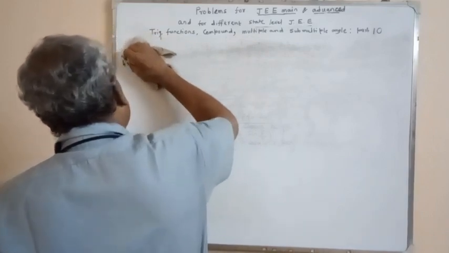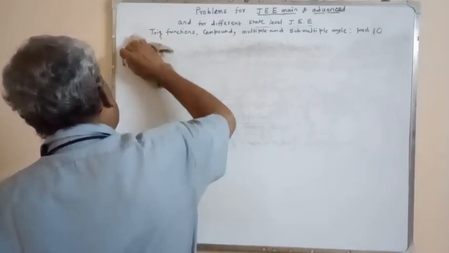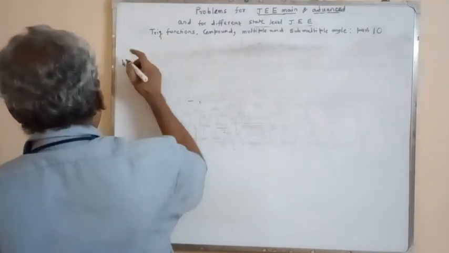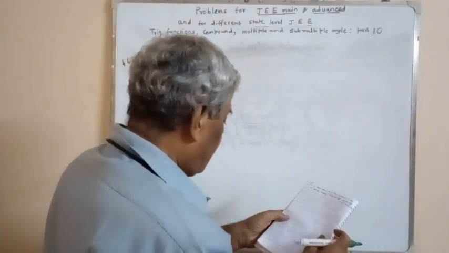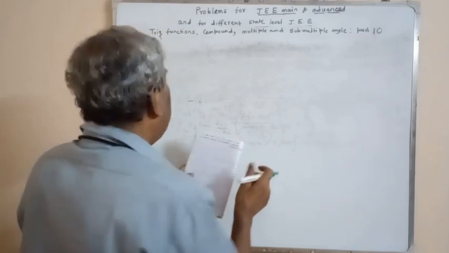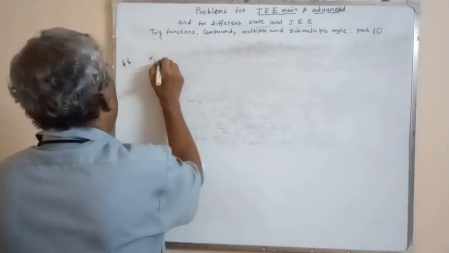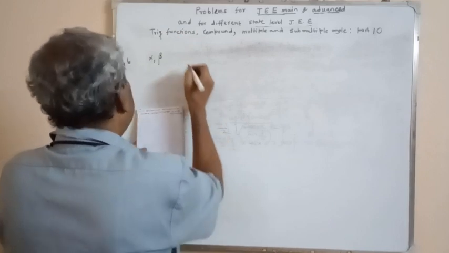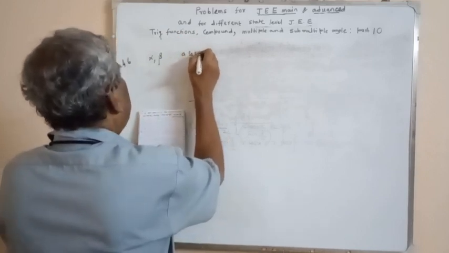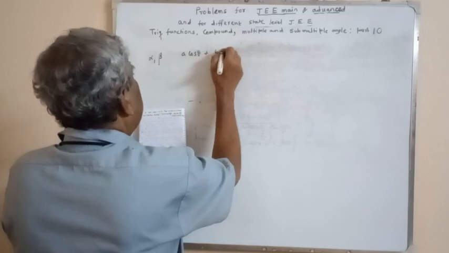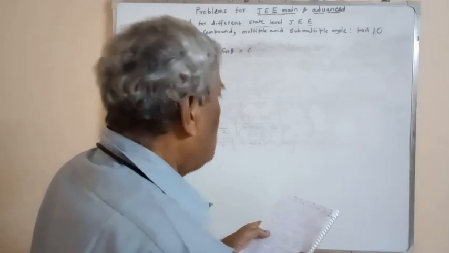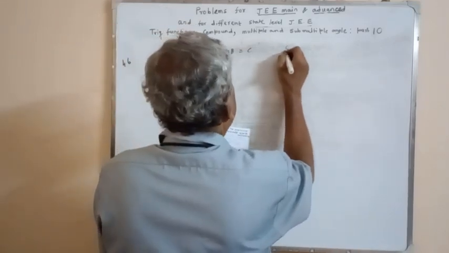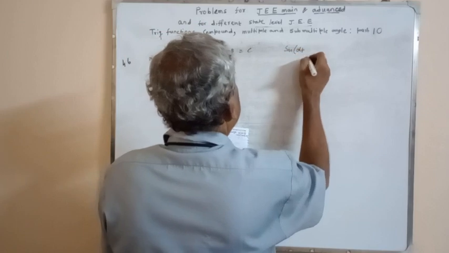Our next problem is problem number 46. And the problem is, if alpha, beta are roots of a cos theta plus b sin theta is equal to c, then value of sine of alpha plus beta.